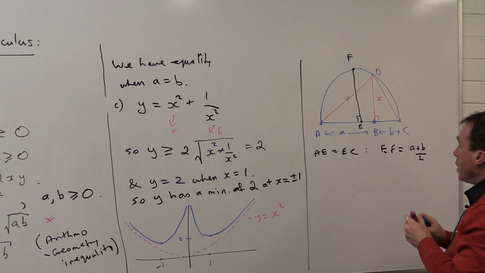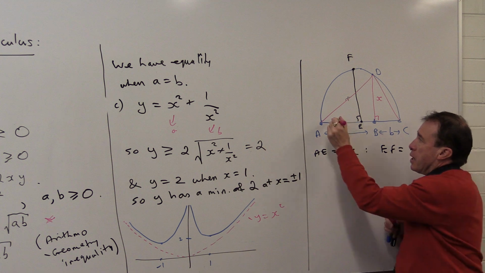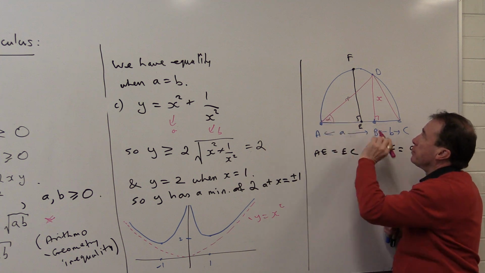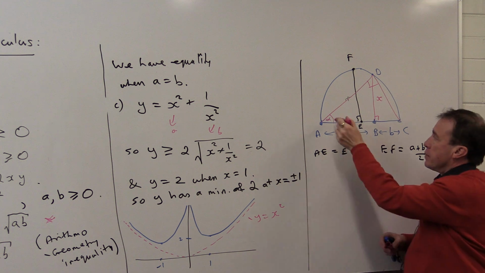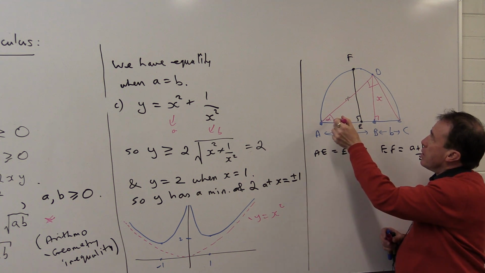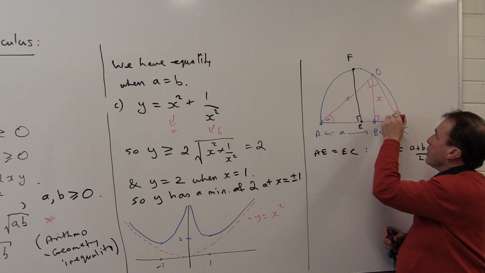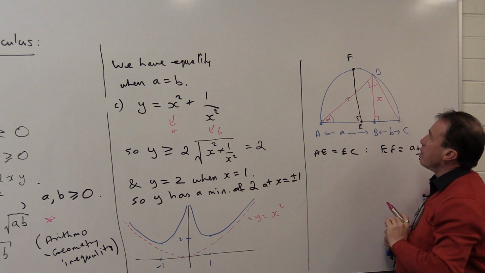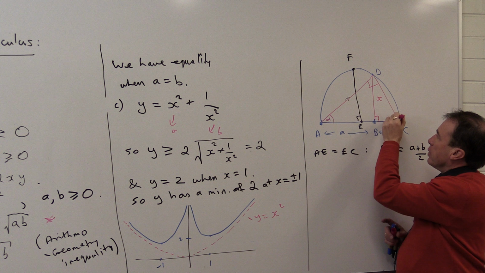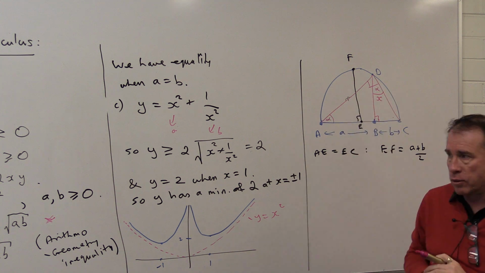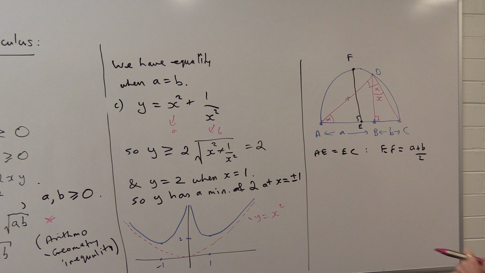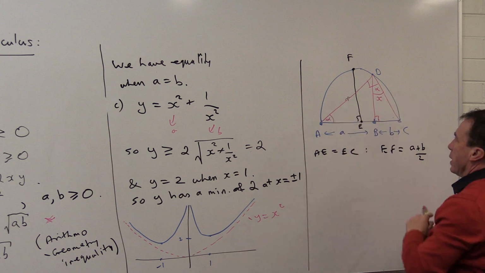Now if you look in those triangles, if that angle there is alpha, we know the angle in a semicircle is a right angle. So if this is alpha, then this angle over there is 90 minus alpha, and that's a right angle there, so that's alpha up in there. So a little bit of high school geometry, and we can see that that angle alpha equals that angle alpha.